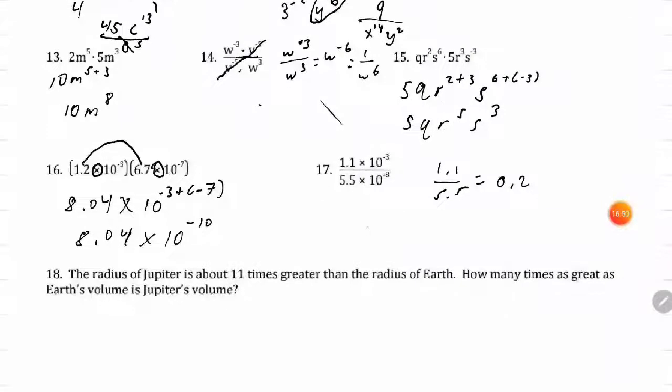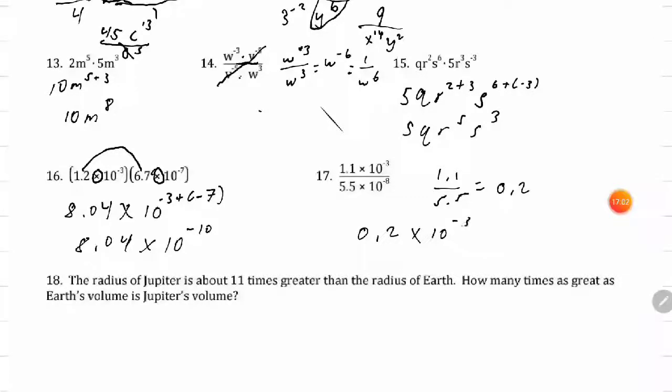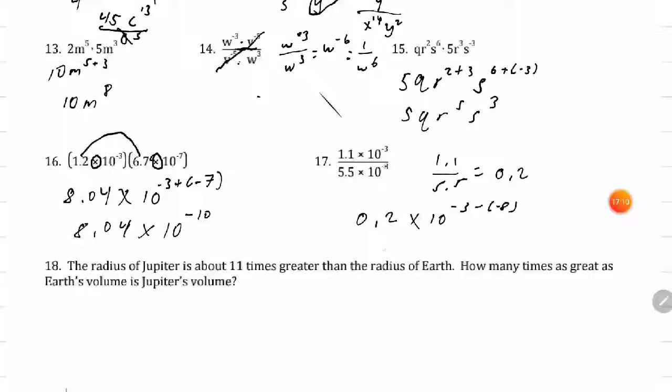So we have 0.2 times, and we look at our 10th powers here, 10 to the negative 3 over 10 to the negative 8. That means that's 10 to the negative 3 minus negative 8. So the two minuses make a positive. Negative 3 plus 8 is 5.